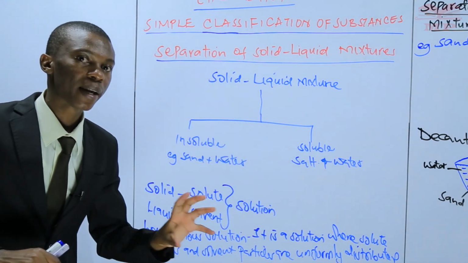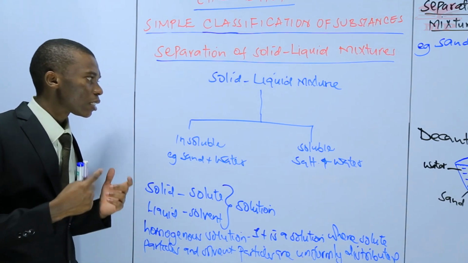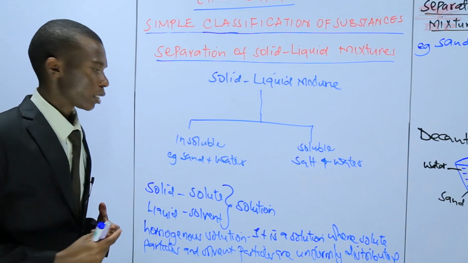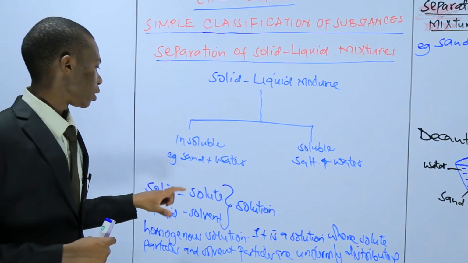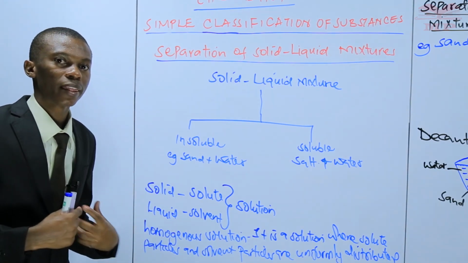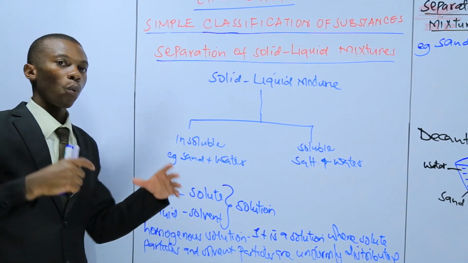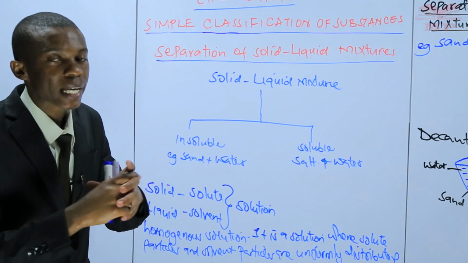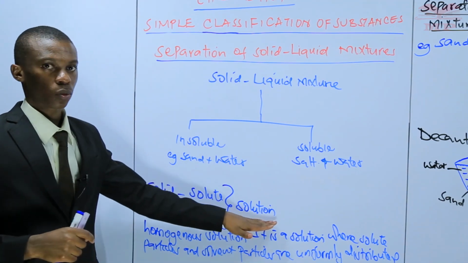Then we have said that for the soluble solid liquid mixture, a solid which dissolves in a liquid, we call it a solute, and the liquid in which the solid dissolves, we call it a solvent. Therefore, when a solute combines with a solvent, you form a solution.